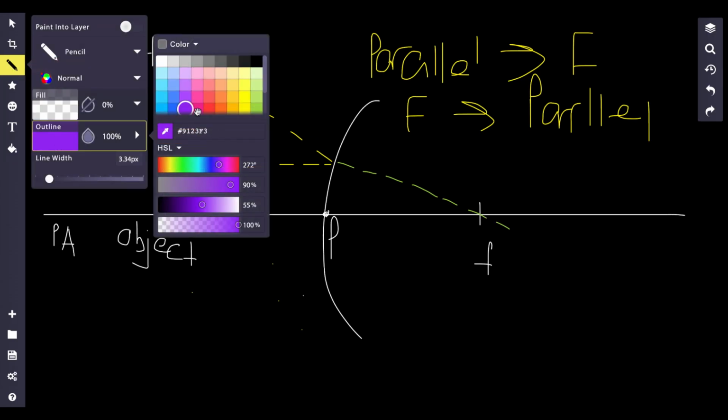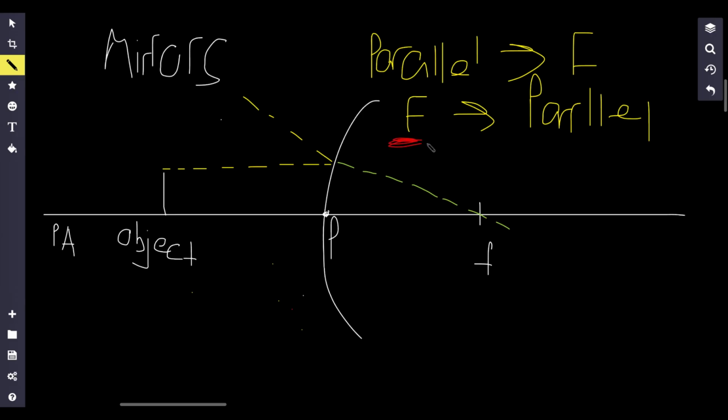And then for the second ray, all you have to do is follow the same rule. Remember, focal point to parallel. So imagine I'm drawing a line towards the focal point, right? In reality, this piece of light would get deflected parallelly, because this is focal point to parallel.